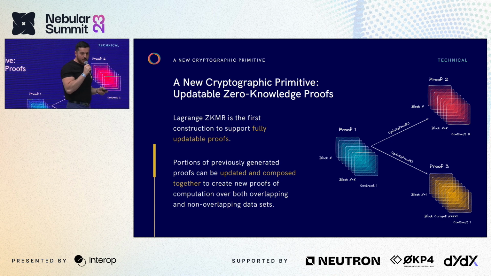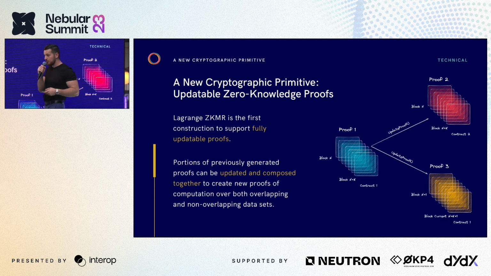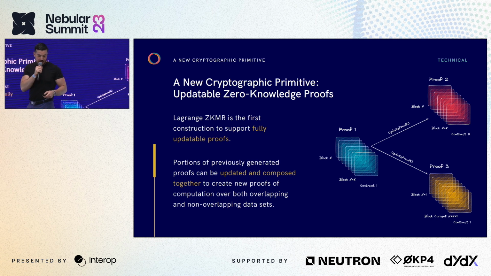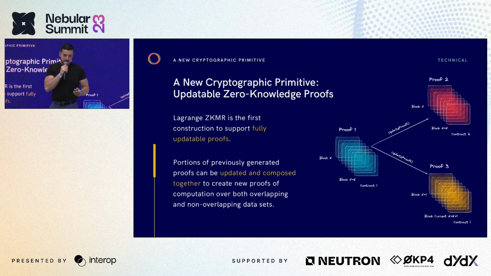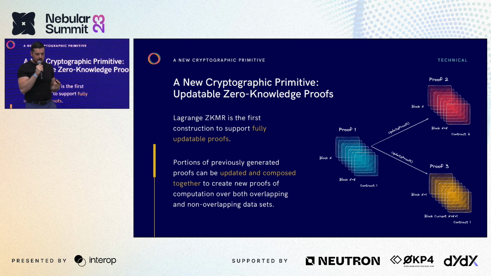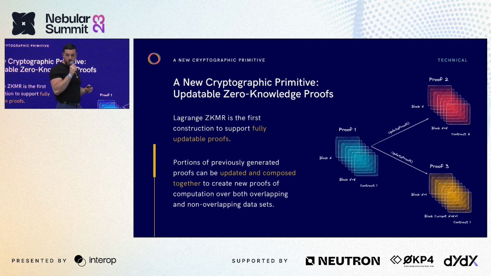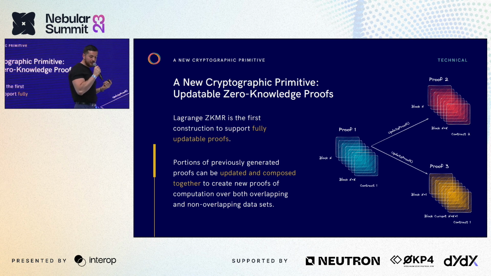So how is this possible, and why is this possible? This comes down to an innovation in applied cryptography that our team has been able to unlock, and that is updatable zero-knowledge proofs. We've typically discussed zero-knowledge proofs in the context of these difficult-to-compute, highly resource-intensive proofs of the execution of some code over some predefined data set.